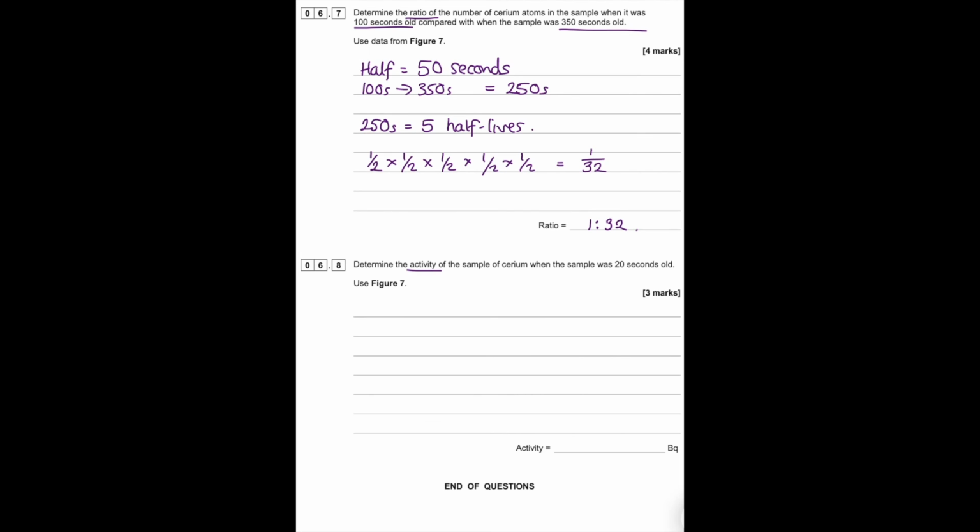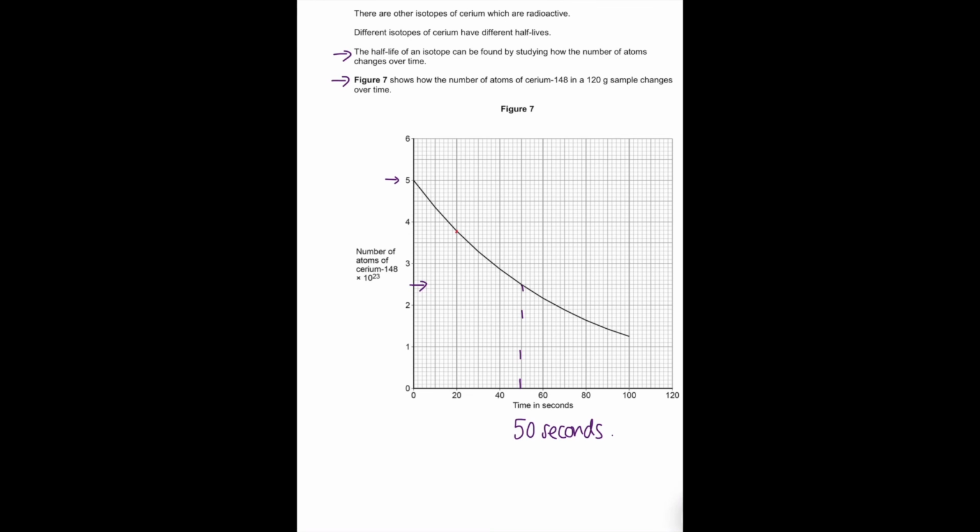Determine the activity of the sample of the cerium when the sample was 20 seconds old. And we've got to use figure 7 to help us do this. So to determine the activity at 20 seconds, we need to work out the gradient at 20 seconds. So we are going to have to draw a tangent to start with. So it's going to be the number of atoms divided by the time.